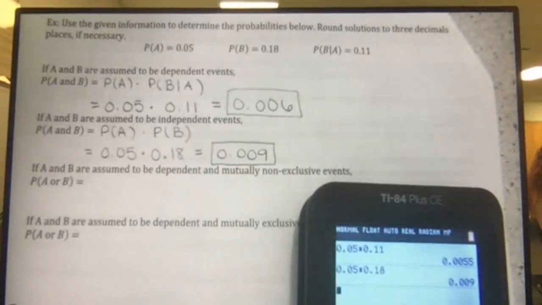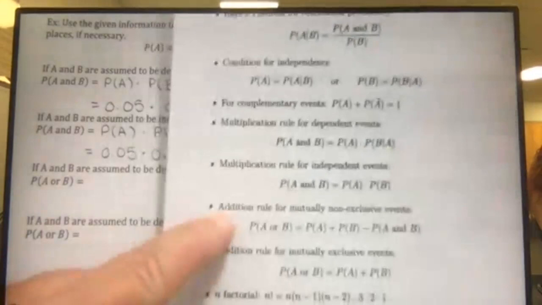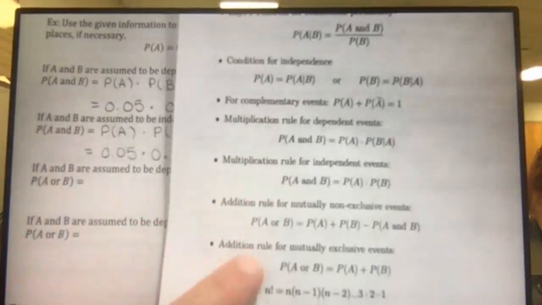Next is our ORs. So if A and B are assumed to be dependent and mutually non-exclusive, we're going to find the probability of A or B. So going back to our formula sheet, A or B, here are the two formulas, mutually non-exclusive.